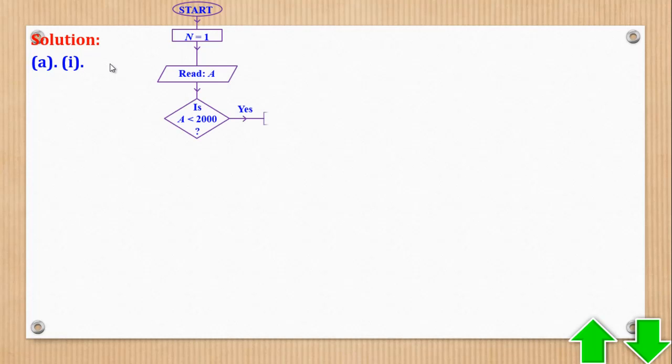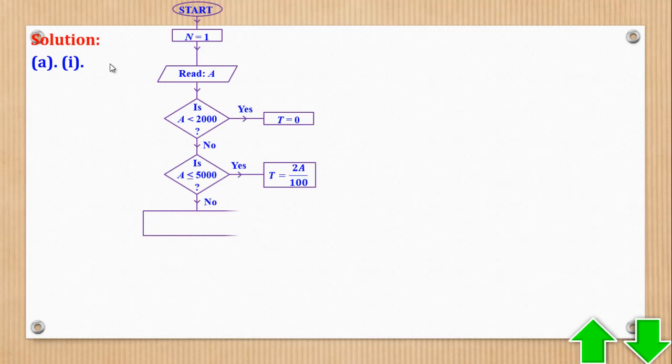If yes, we compute the tax. If no, we ask, is n less than or equal to 5000? If yes, we compute the tax. If no, we use the only last option, which is that.